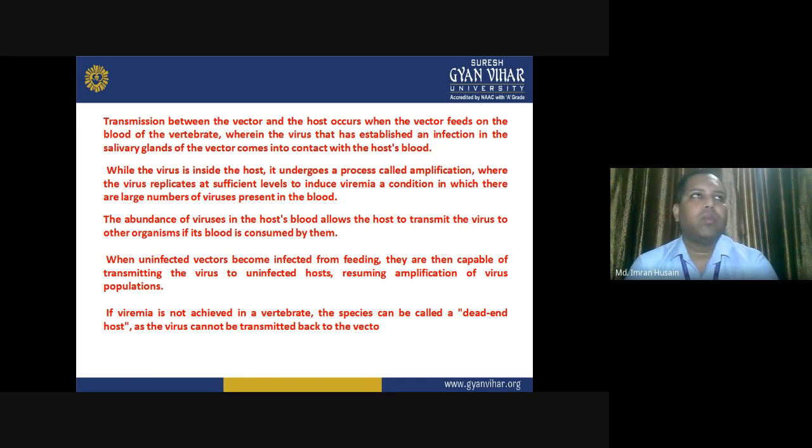So the main purpose is to increase the number of the virus in your blood and to inoculate you as a host. The abundance of viruses in the host blood allow the host to transmit the virus to other organisms if its blood is consumed by them.